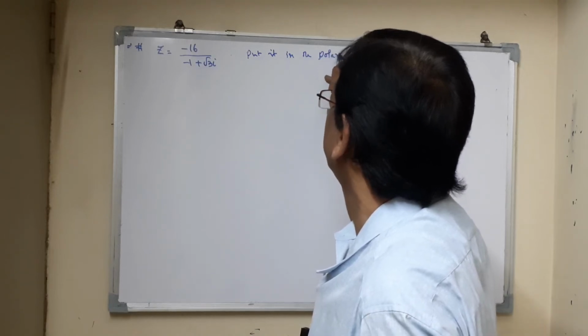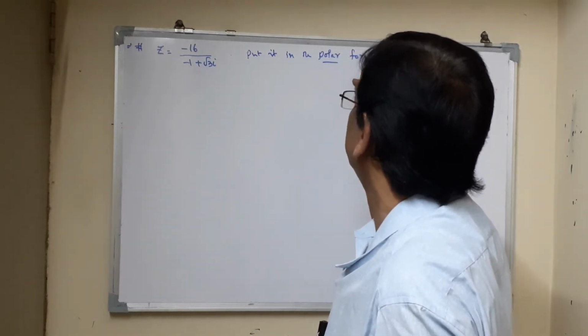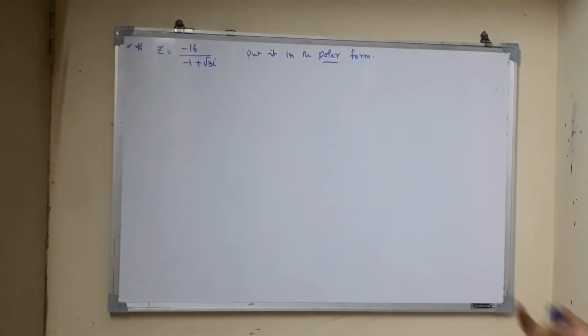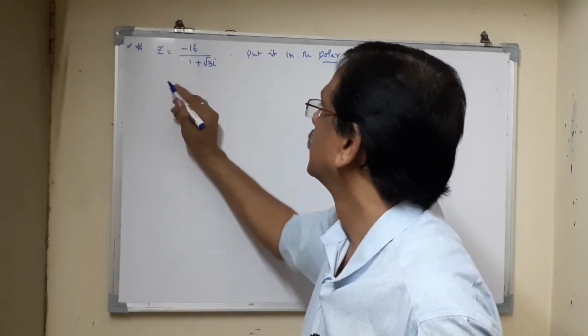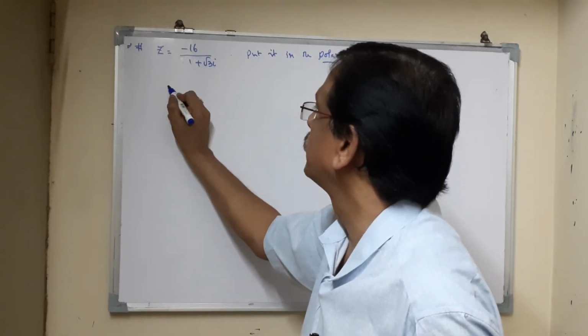Now I'm writing different forms. Polar form, r cis theta, r into cos theta plus i sin theta. So basically we have to convert this into the number a plus ib. I mean, I can take 1 plus root 3i. So first of all we have to convert this.